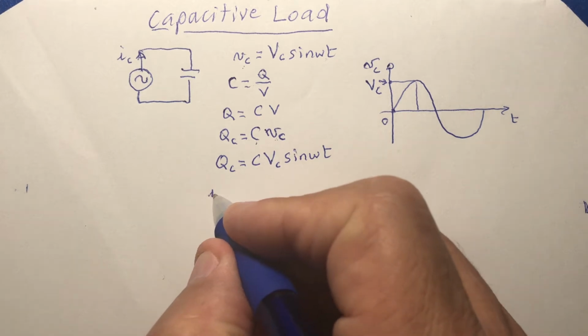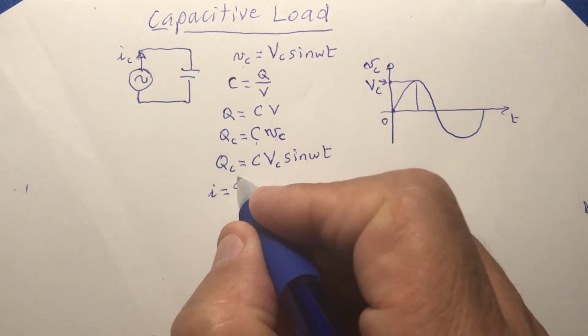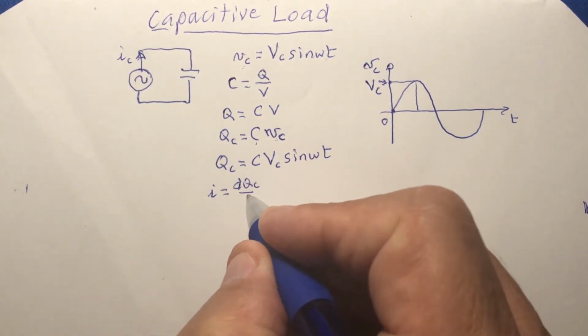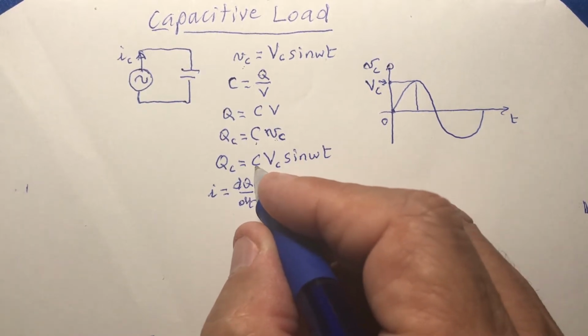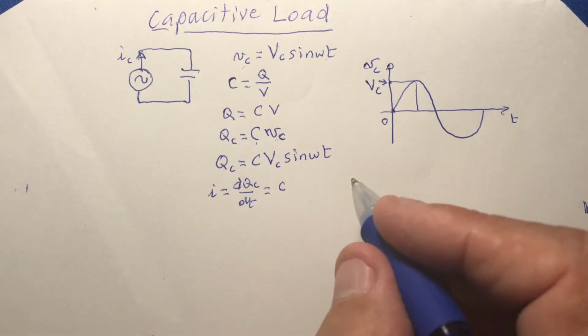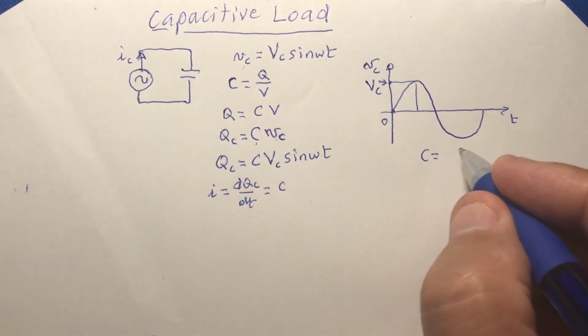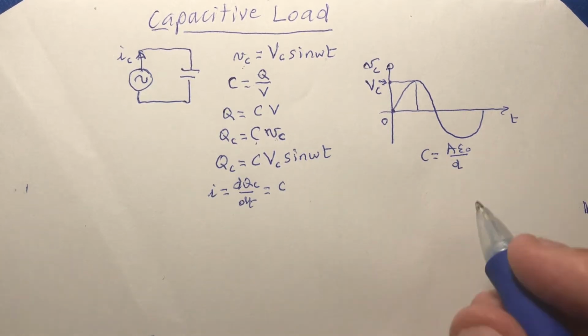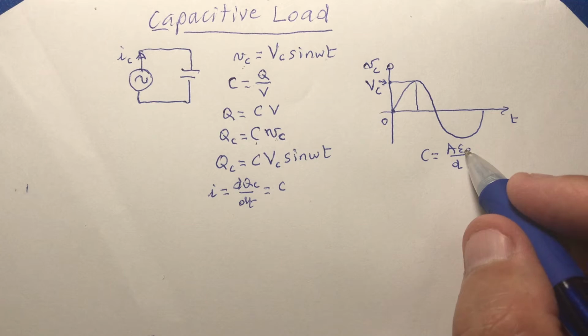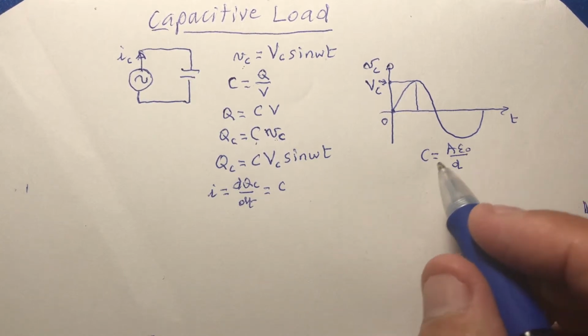So we know that the current I is equal to dQC over dt, which is equal to C. This C is constant. Remember, C is equal to A epsilon 0 over D. This D is the distance between the two plates. A is the area of the plate, and epsilon 0 is the permittivity of free space, which is constant.